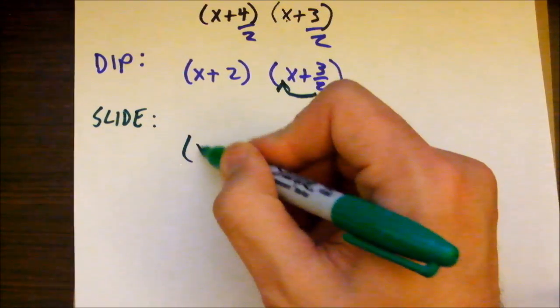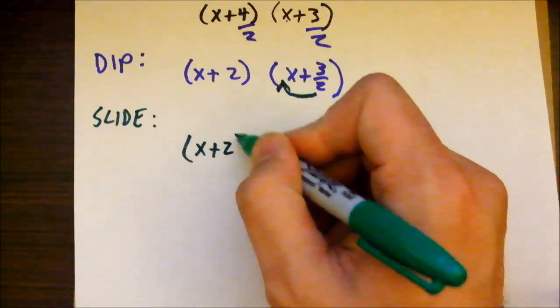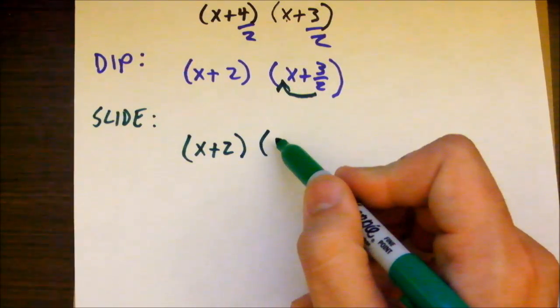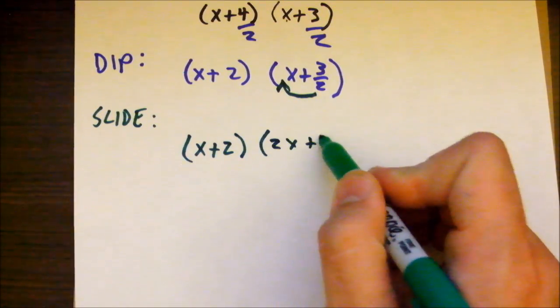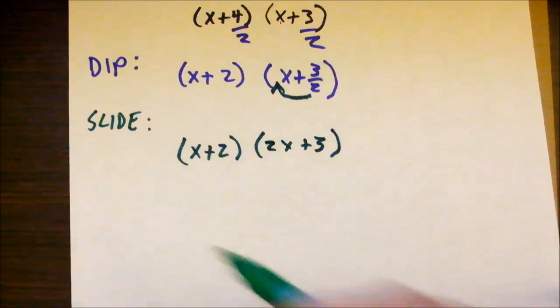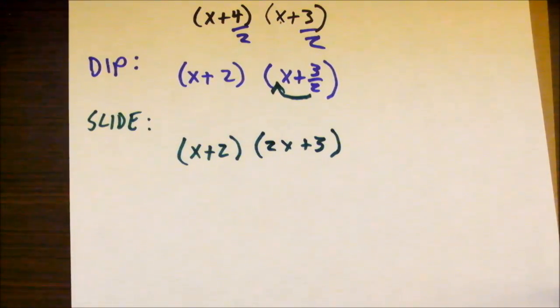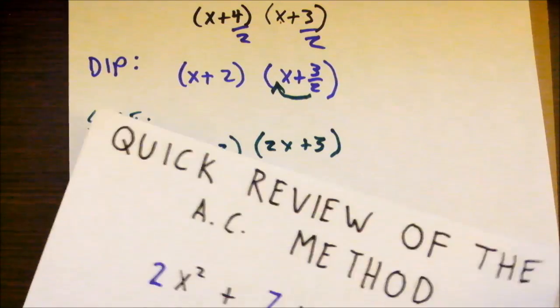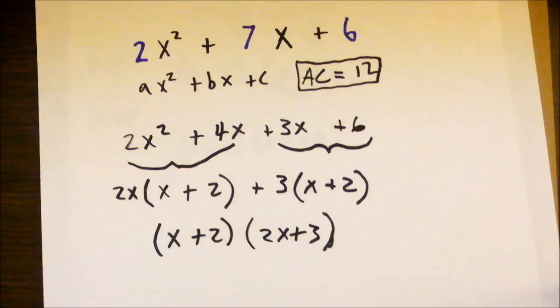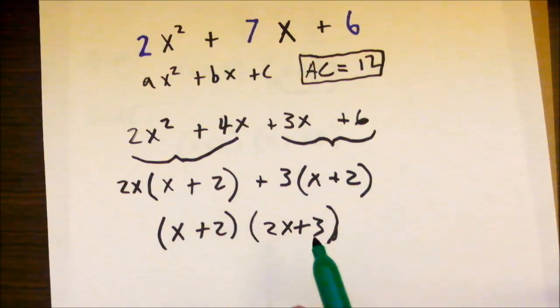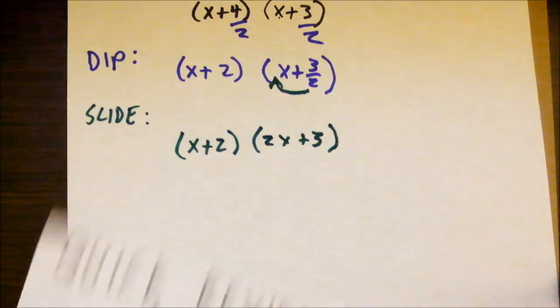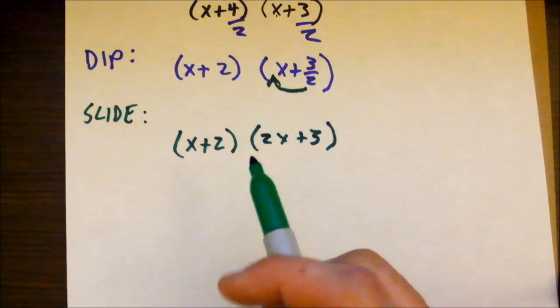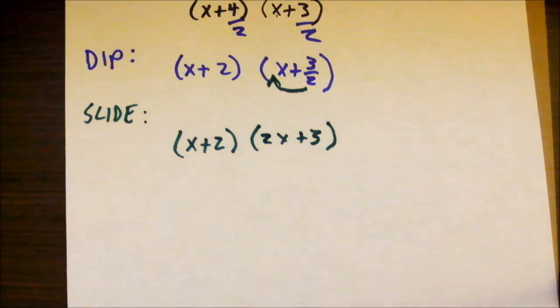So we get a factored form now of x plus 2 times 2x plus 3. And if you recall from how we solved it using the AC method, we get the same answer: x plus 2 times 2x plus 3.